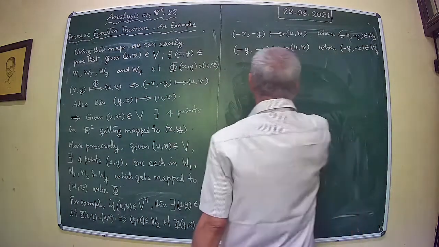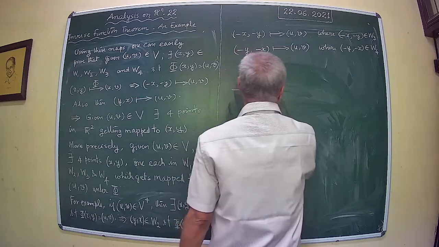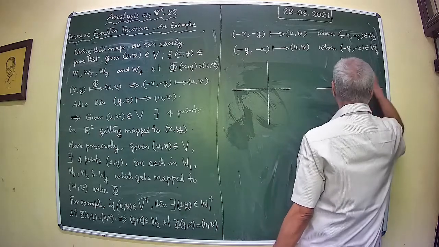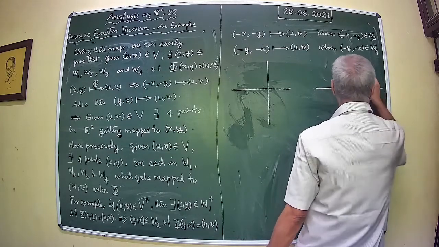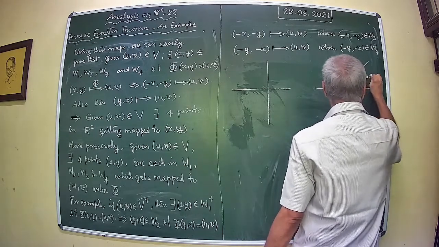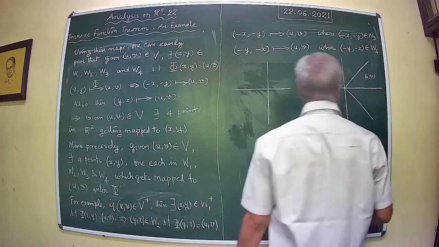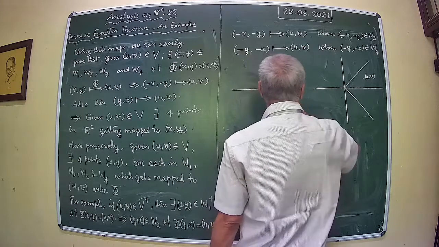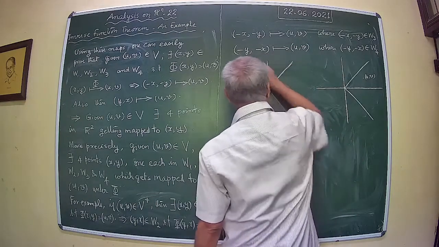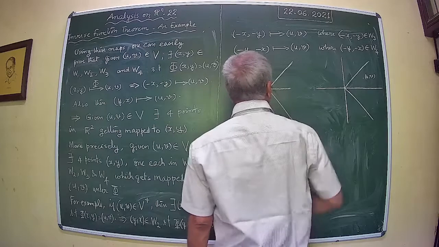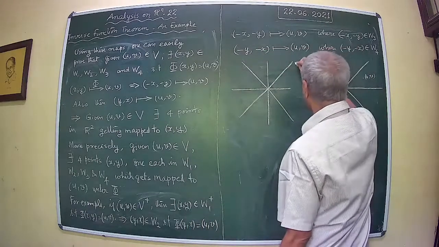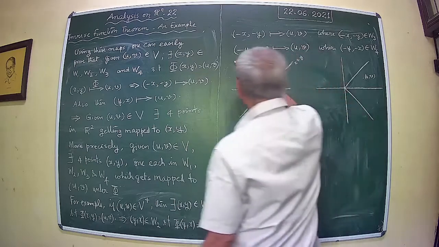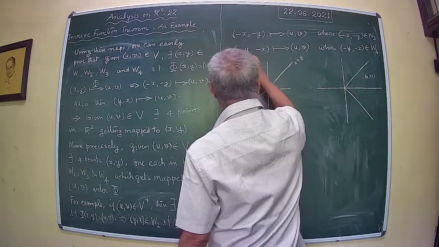So this is what I have. So corresponding to UV, this is x equal to y, x equal to minus 1.